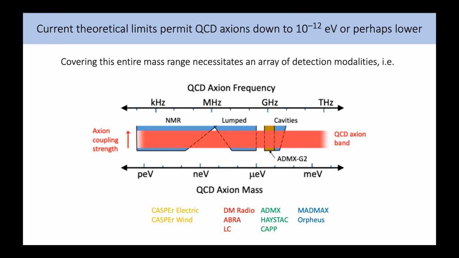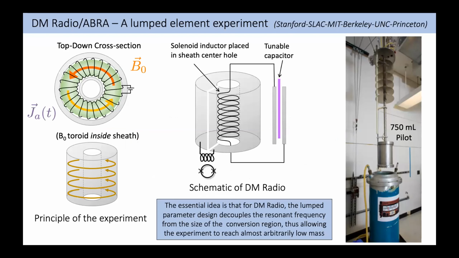So here is a new collaboration which has come together representing the existing Stanford DM Radio collaboration and the existing ABRA, the MIT-centered collaboration, which is to build a very large-scale lumped element experiment. The physical principle ultimately is the same.